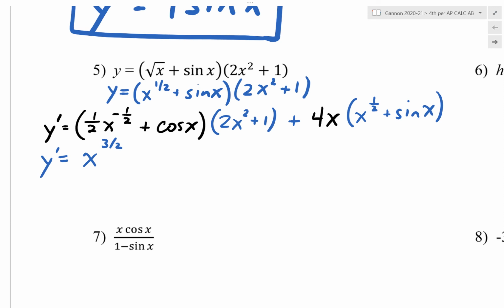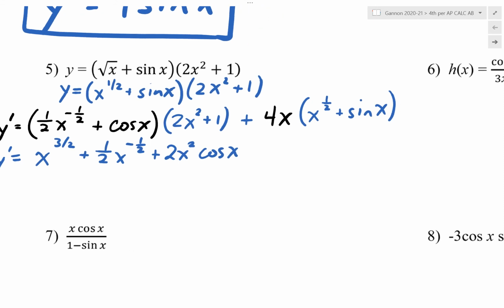And then you got your 1/2 x to the negative 1/2 times 1. So it's 1/2 x to the negative 1/2. We got cosine of x times 2x squared, so we can call that 2x squared cosine of x. Cosine of x times 1 is plus cosine of x. Plus, we're going to distribute the 4x. We get 4x to the 3/2 plus 4x sine of x.